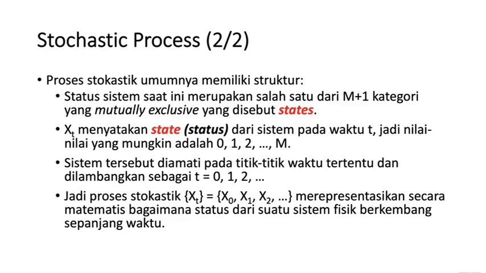The system can be observed at several points in time, and we can use the symbols t equals 0, t equals 1, t equals 2, etc. So the stochastic process Xt consists of X0, X1, X2, until Xm, representing mathematically how the status from the current condition will change to the next condition. So this is called stochastic.